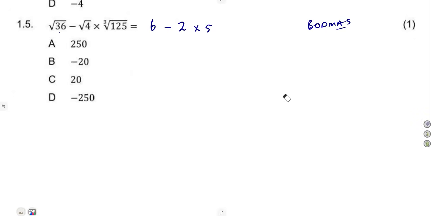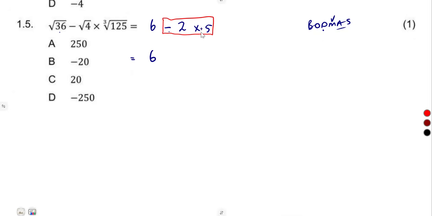So like I said, the BODMAS, we do not have brackets or division, we have a multiplication. So these two here are under multiplication. So we're going to multiply these two together. 6, minus 2 times a 5. There's a positive.